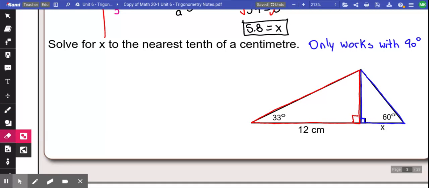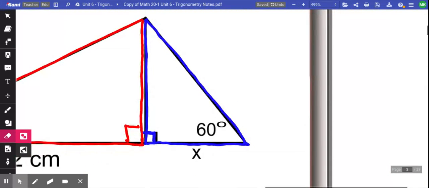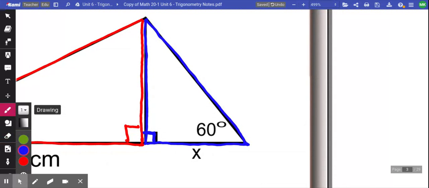The only triangles that matter are the red one and the blue one. Perfect. The question says, solve for x to the nearest tenth of a centimeter. X is a part of our blue triangle over here. If you look, when I look at x, I only know one thing about x. I only know this angle of 60 degrees. I know nothing else.